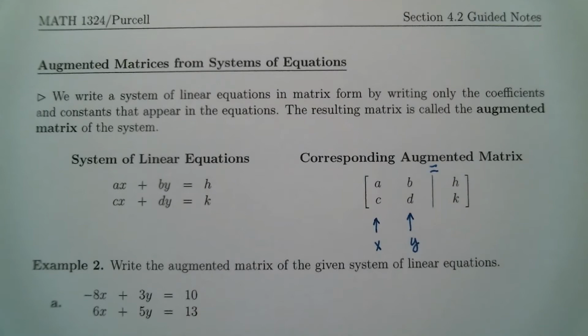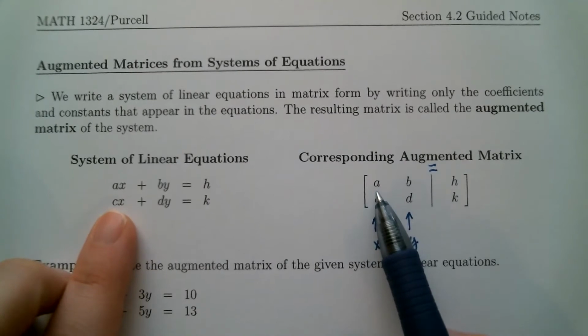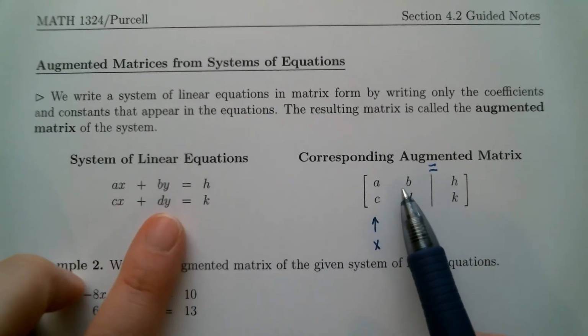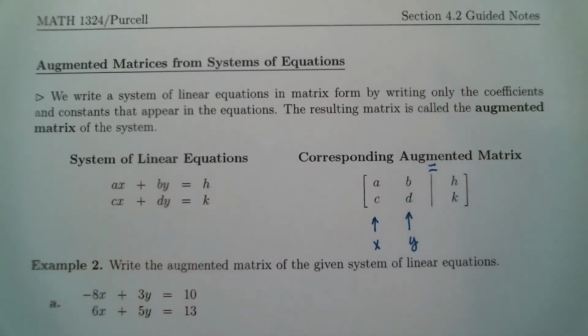But remember, you don't write x or y in the matrix. In the first equation, you have an a in front of x, a b in front of y, and on the other side of the equal sign, you have h. That's how you would write the first equation into the matrix.